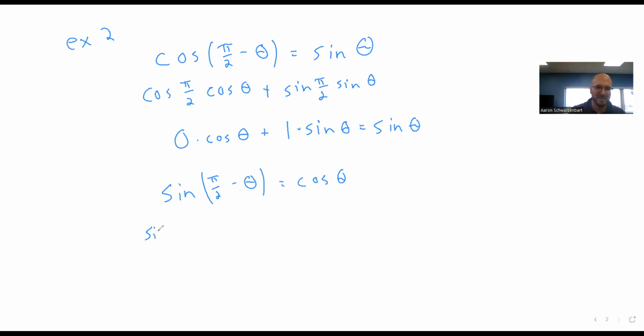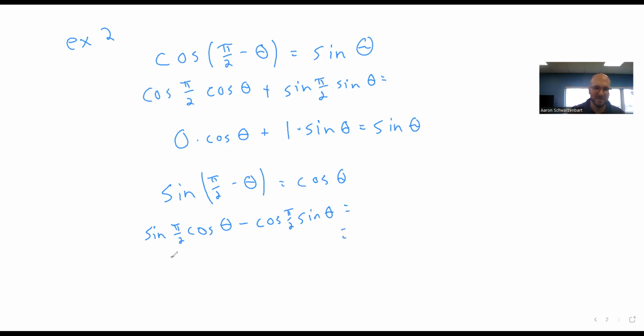And that is sine pi over 2 cosine theta minus cosine pi over 2 sine theta. There's my equal sign.